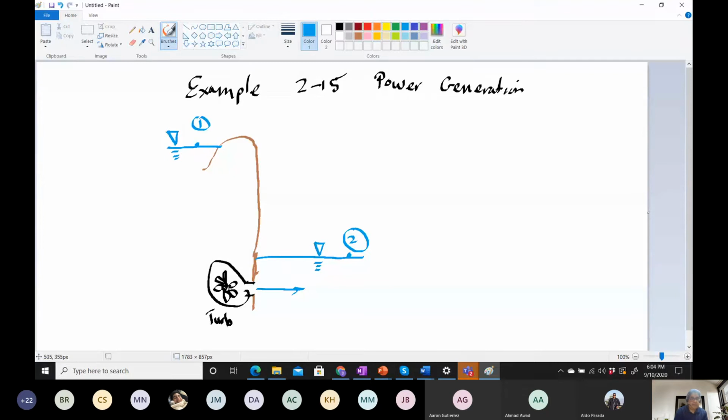The water is coming from this reservoir at the top and it's coming down to the bottom. The height of this is 70 meters according to this. And what's driving this is basically a generator.